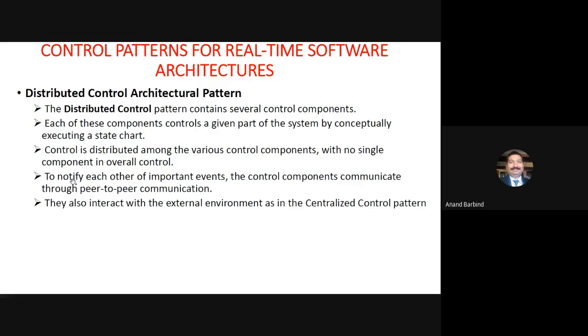To notify each other of important events, the control components communicate through peer-to-peer communication. So usually that communication is peer-to-peer. All the components in a particular group take part in this computation. They also interact with the external environment as in the centralized control pattern.